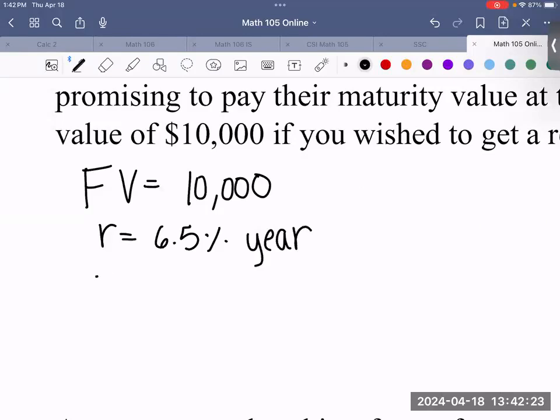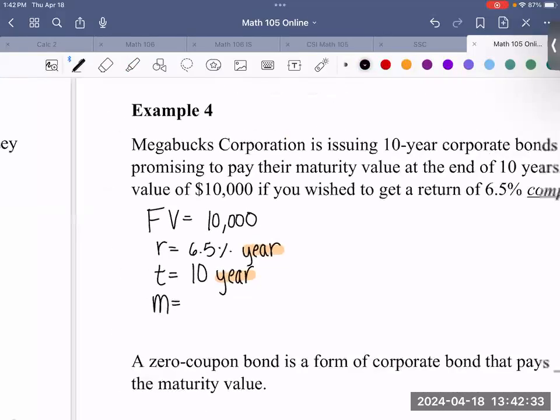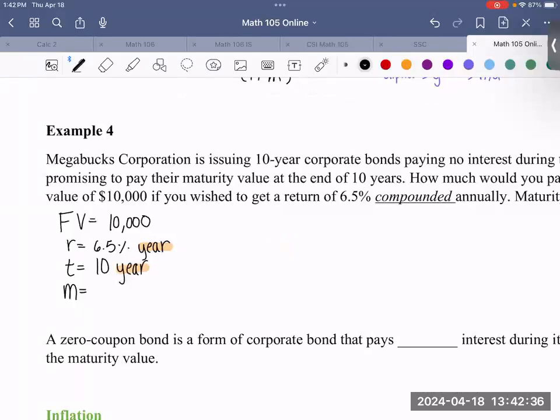Your time, we said over its lifetime, is a 10-year bond. That's really nice because these are matching values. And your M, what type of compounding do we have? Compounded annually. So how many times a year is annually? Well, that would just be one. Annual means 1 year.